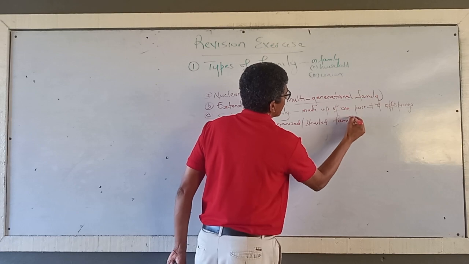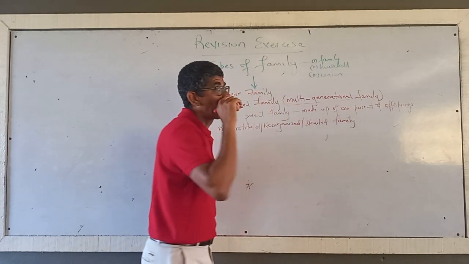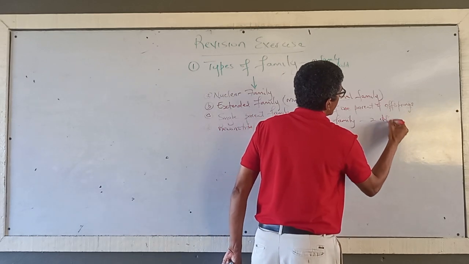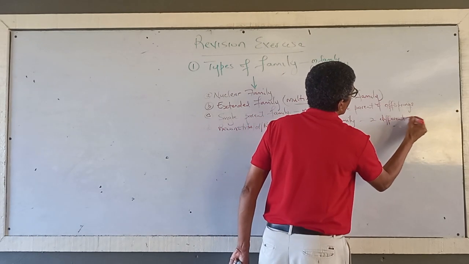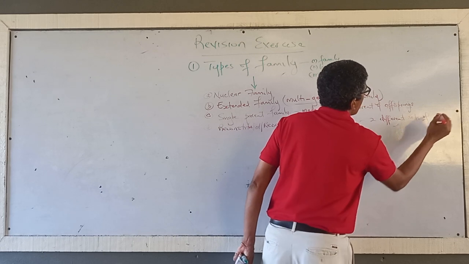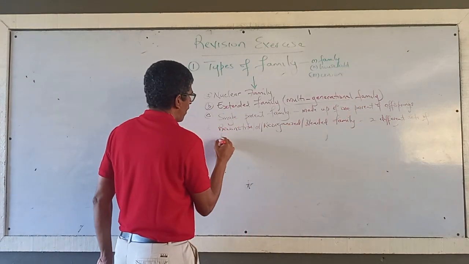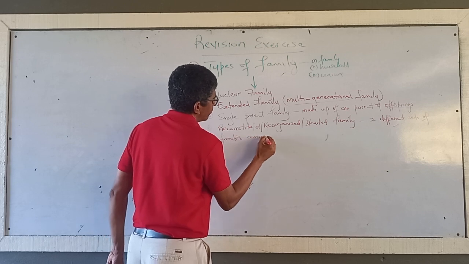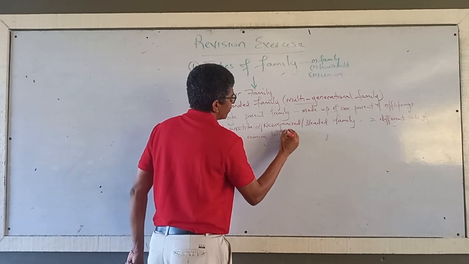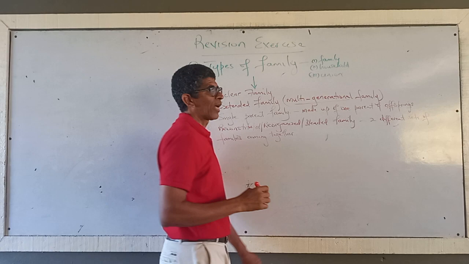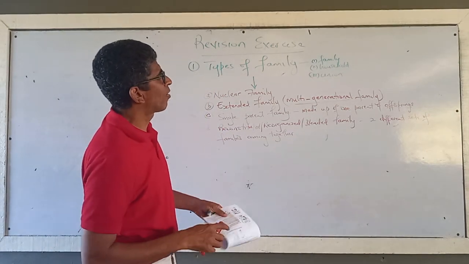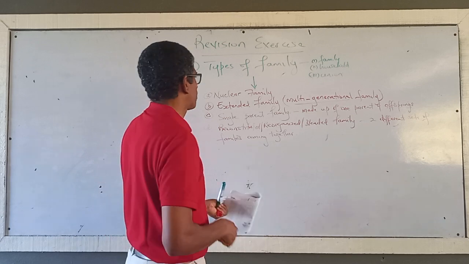Alright? And this type of family is made up of 2 different sets of families coming together. And I did explain that earlier. So it is not a complete set, so it's 2 sets of families coming together.